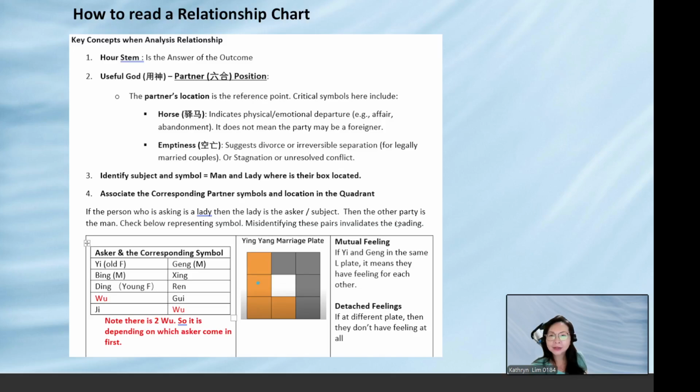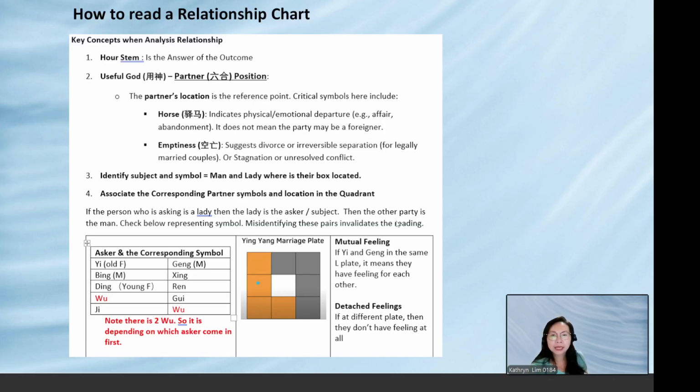That is number one. Number two, the useful god is the partner. So we look at where the position, the location is. The partner location is a reference point, which box it is in.